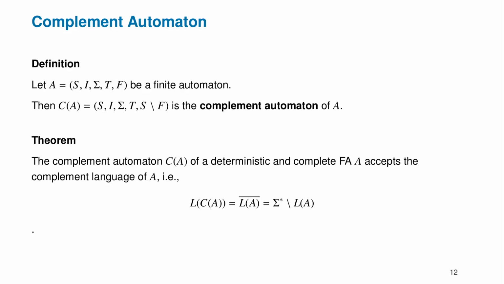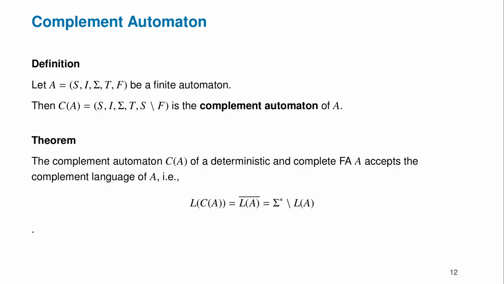And here we already have an example where we need a deterministic and complete automaton in order to make a technique work. This is for getting an automaton that describes the complement language of a language that is described by an automaton. What is the complement language?